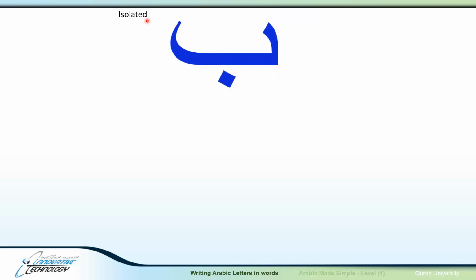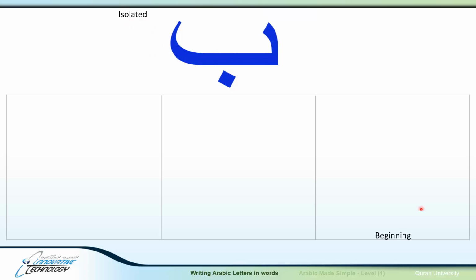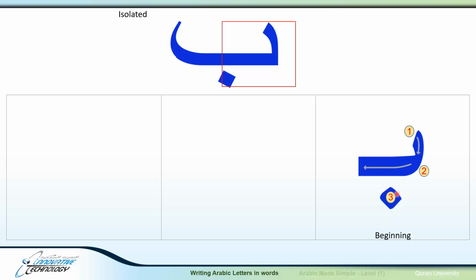Now, the ba is written like a bed with a dot below it, as we have learned in its isolated format. If we want to write it at the beginning, we take the first half of the ba, down and then to the left, with a dot below it, and that is the way we write the ba at the beginning.